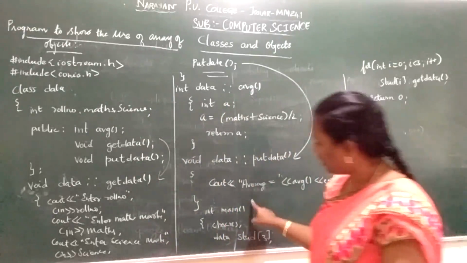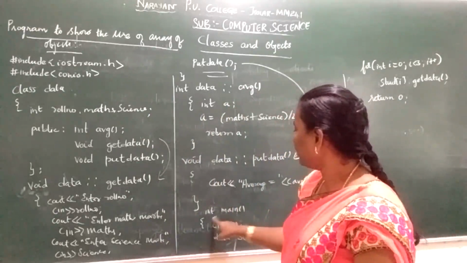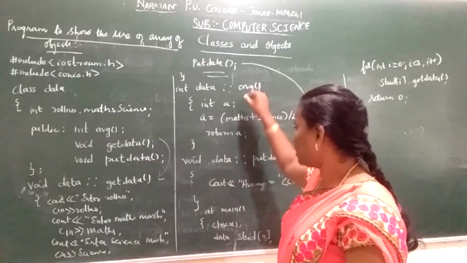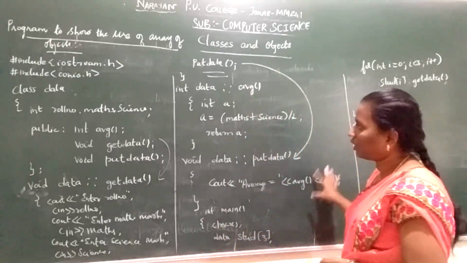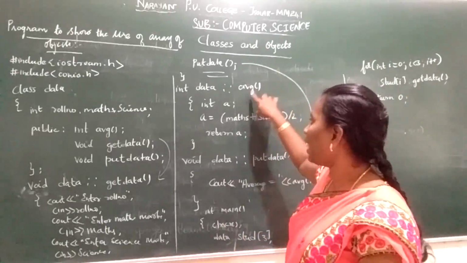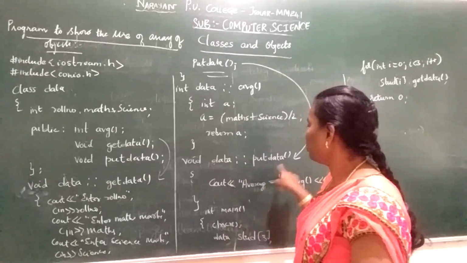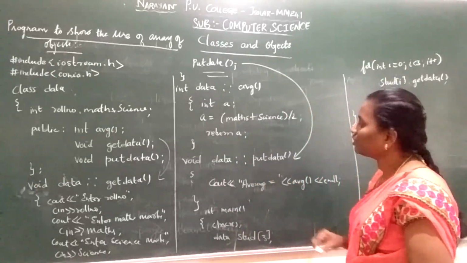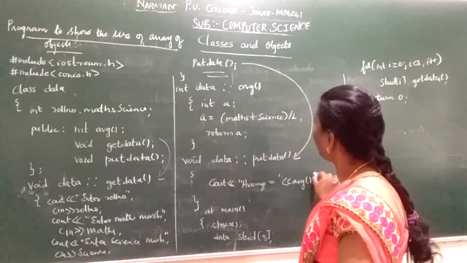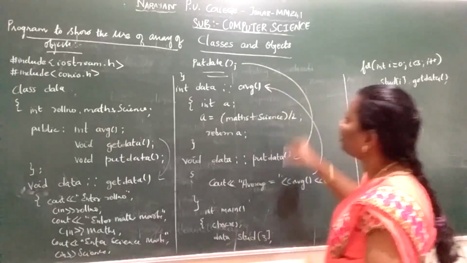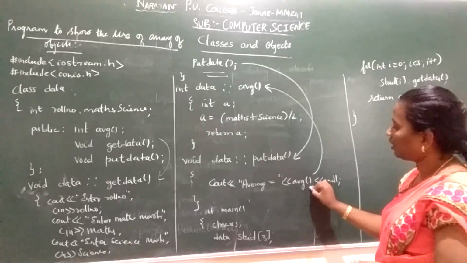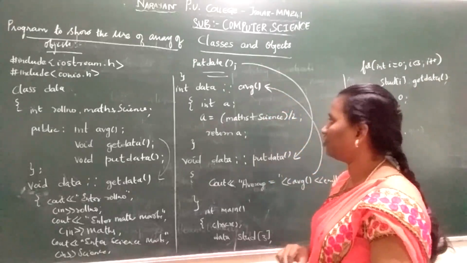Let me explain this, then I will explain the program flow. Average: I am calculating math and science and dividing by 2 to get the average. Inside put data, the average function is called, so control goes from here. The average function definition is here.